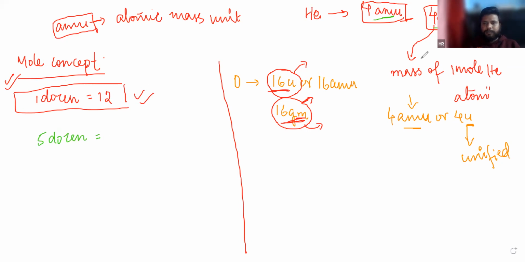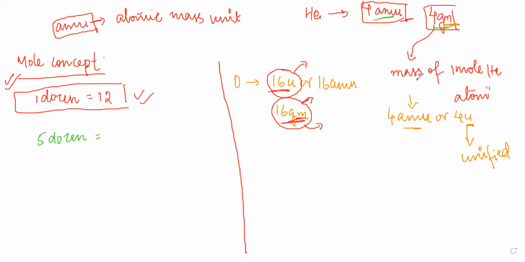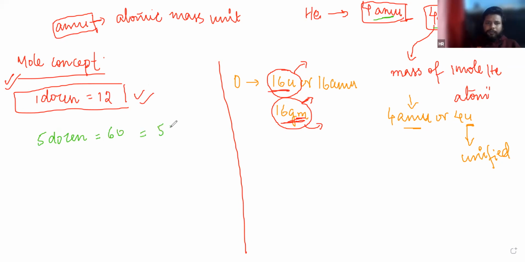Anyone can answer. Please do answer. So 60. What you just did is 5 into 12, that equals 60, and whether it is bananas, pens, bottles, or pencils, it is 60 units.